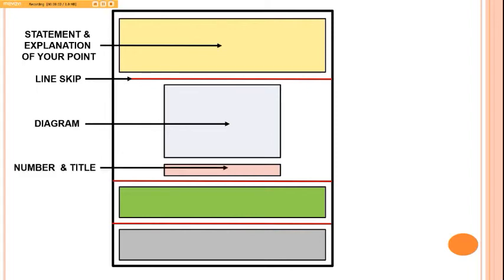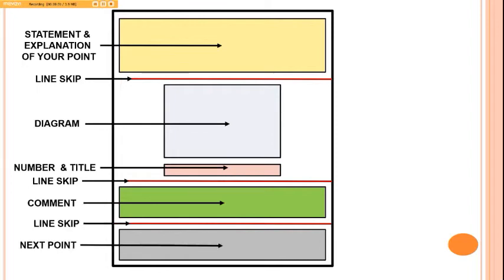Below your diagram, you will write the number and the title. Then you can skip 1 additional line before you actually start writing the comment of your diagram. And once you are done, you can start a new paragraph, so you skip an additional line before you move on to the next point. So in my opinion, this really is the ideal structure of one point, and this is a sound way to include a diagram in an essay.